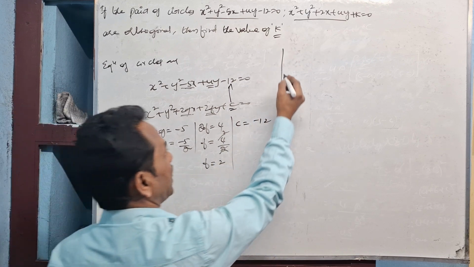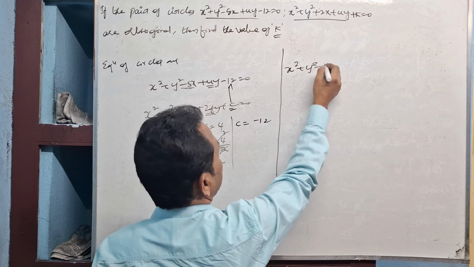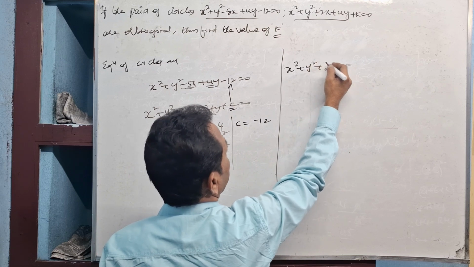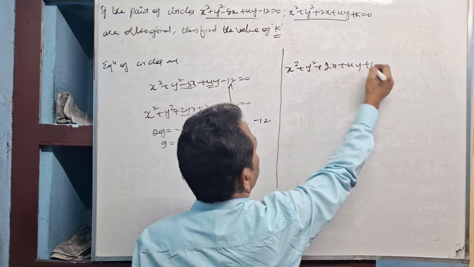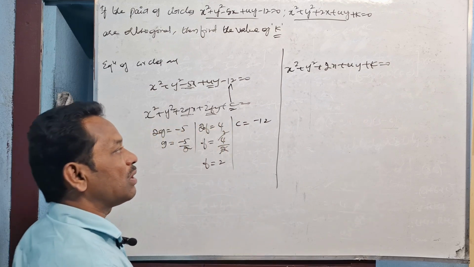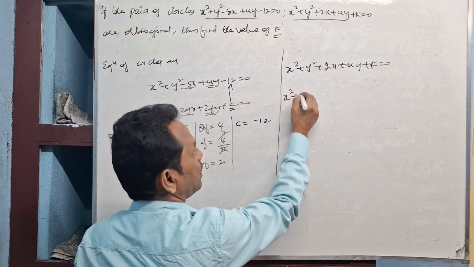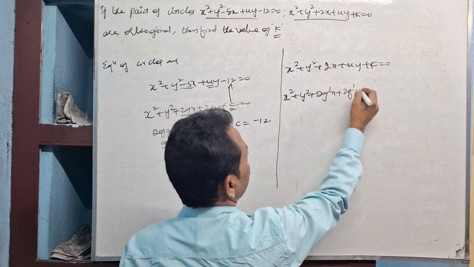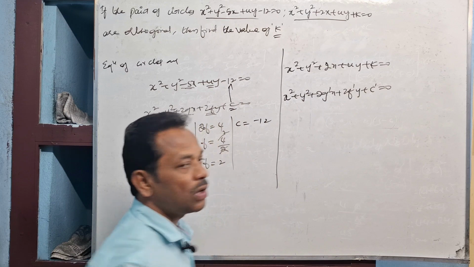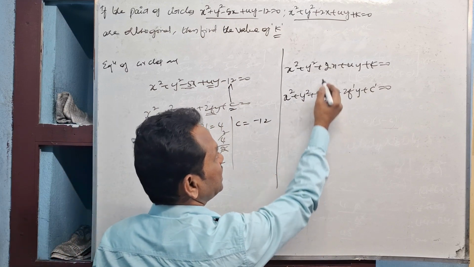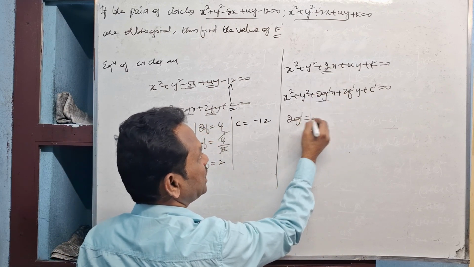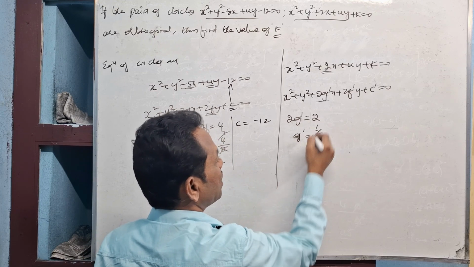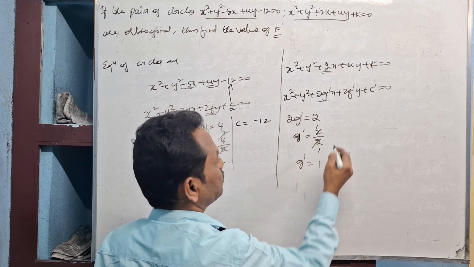Now let us go for the second circle: x square plus y square plus 2x plus 4y plus k equal to 0. Let me compare this with x square plus y square plus 2g dash x plus 2f dash y plus c dash equal to 0. 2g dash is nothing but 2, so g dash equal to 2 by 2, g dash equal to 1.